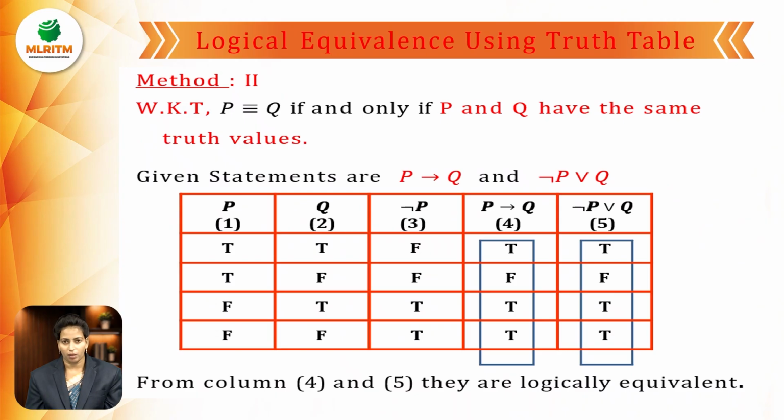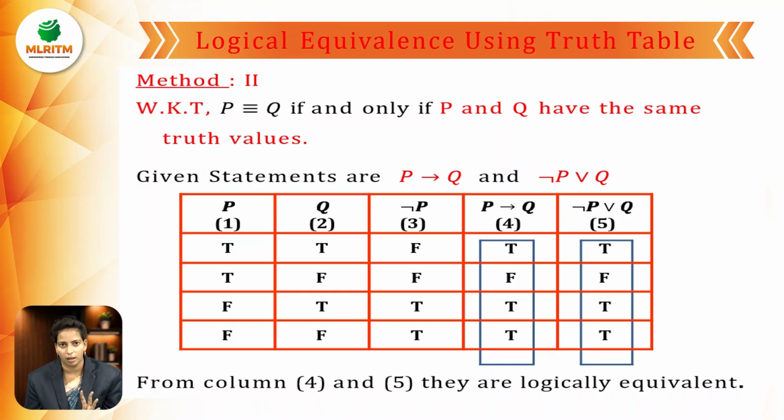Second method: if both P and Q have the same truth values, then it is said to be logically equivalent. For the given question, P implies Q and negation P or Q, before construction, how many variables are we observing?